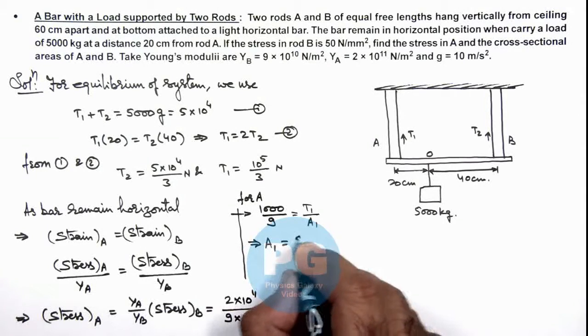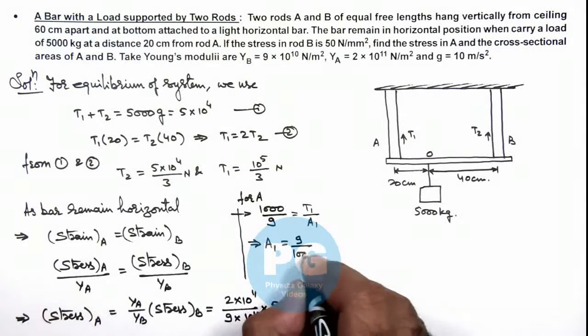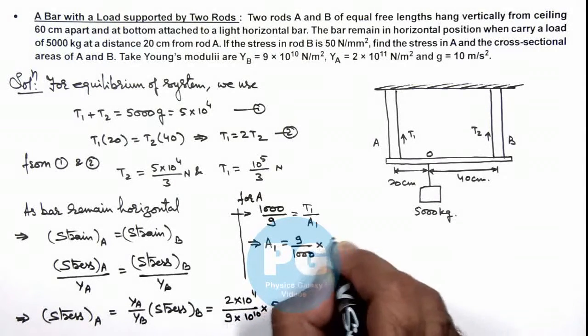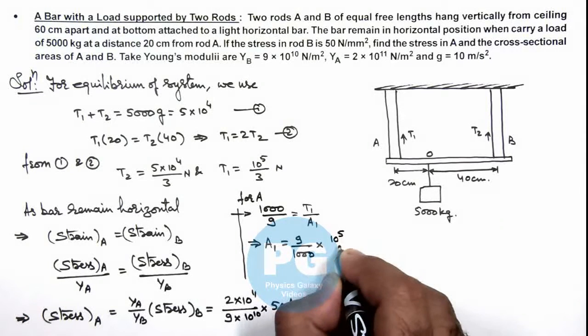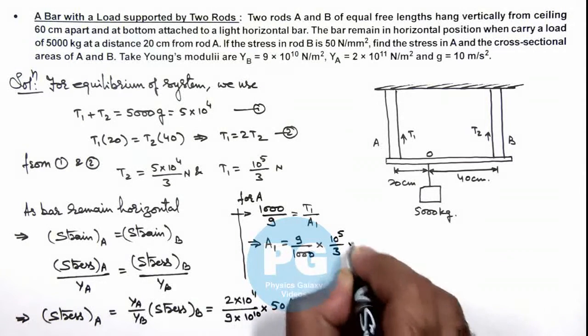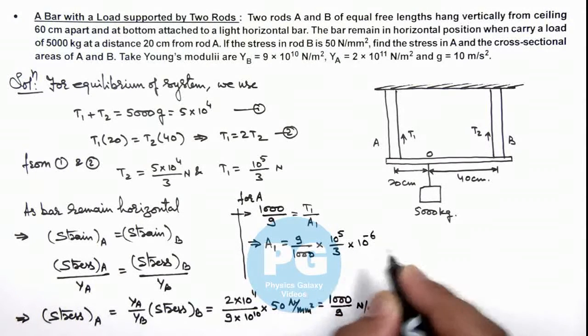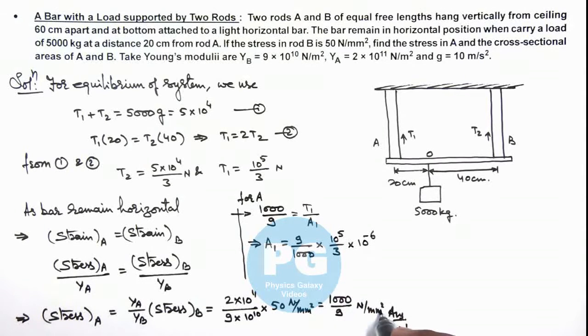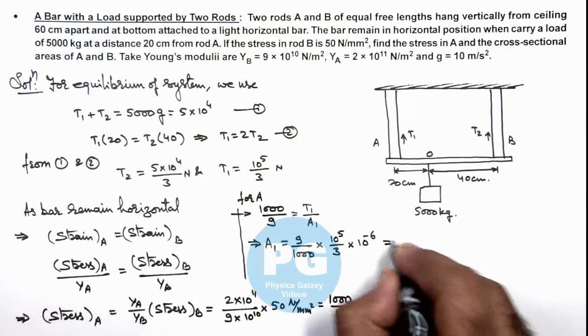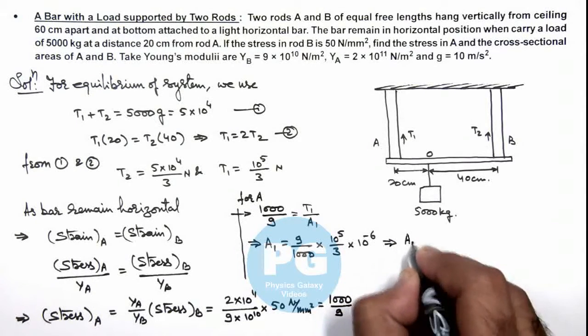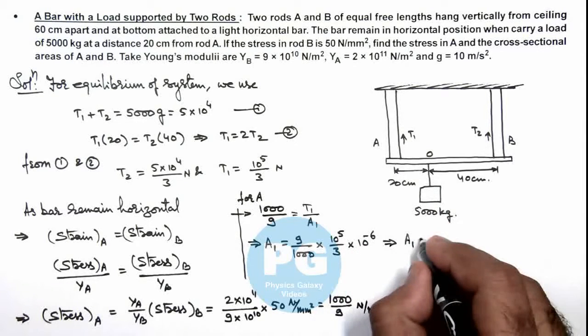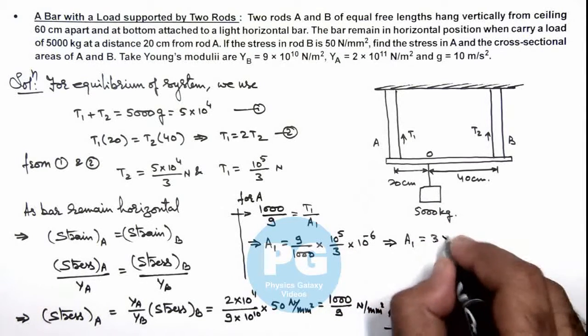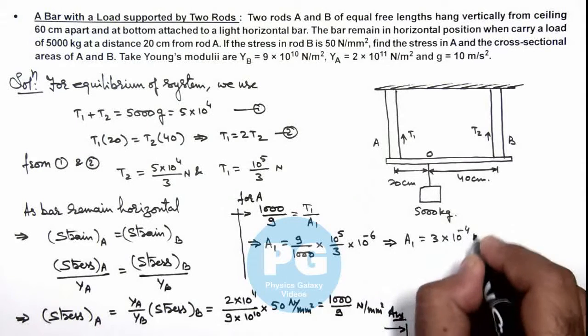So here we can write it as 9 by 1000 multiplied by 10 to power 5 divided by 3 multiplied by 10 to power minus 6, because we are given the stress in Newton per mm square. So this is giving us the area of cross section for the first rod, which is 3 into 10 to power minus 4 meters square.